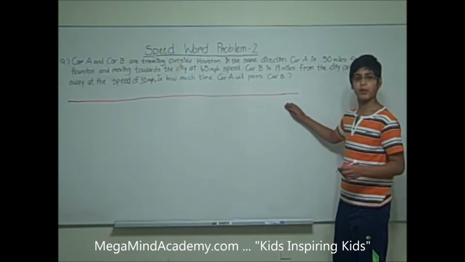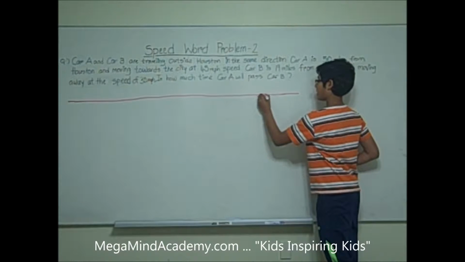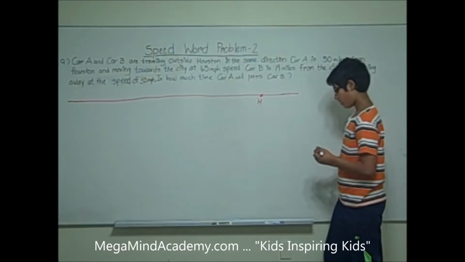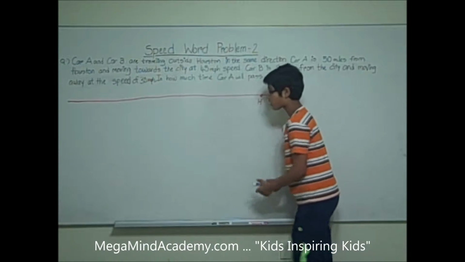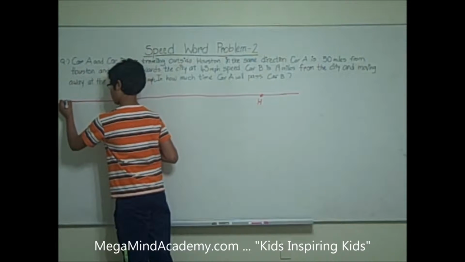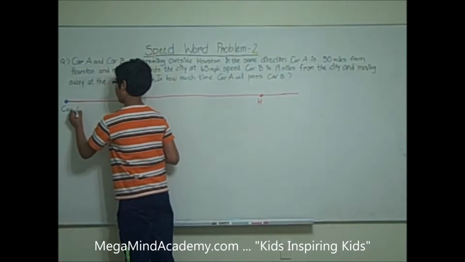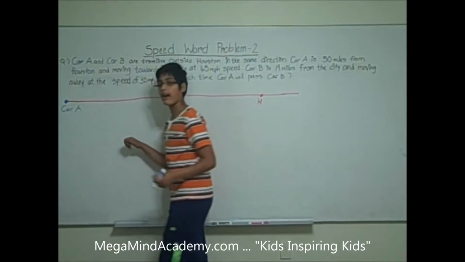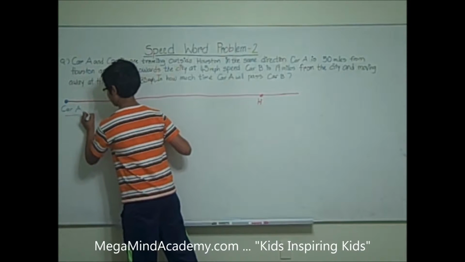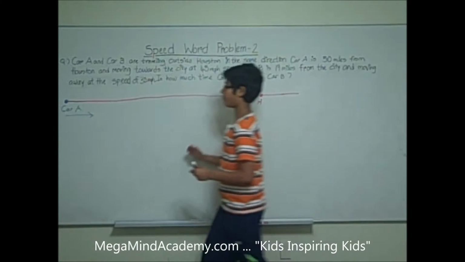This is the road that both car A and car B are on. Here is Houston, H for Houston. Car A is right here. Car A is traveling towards Houston at the speed of 45 miles per hour.